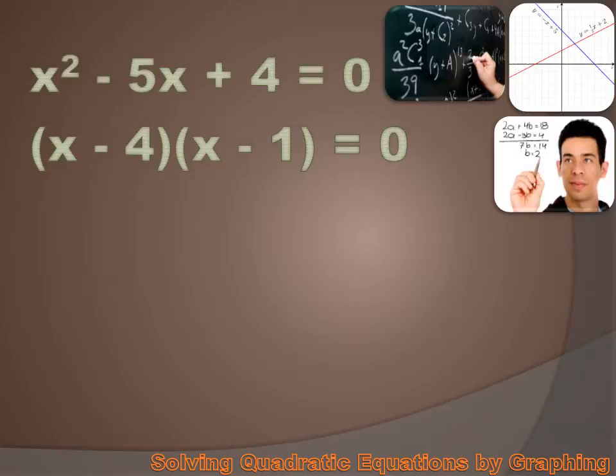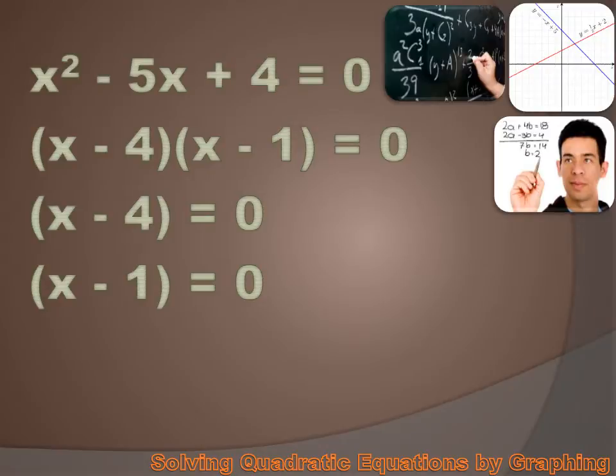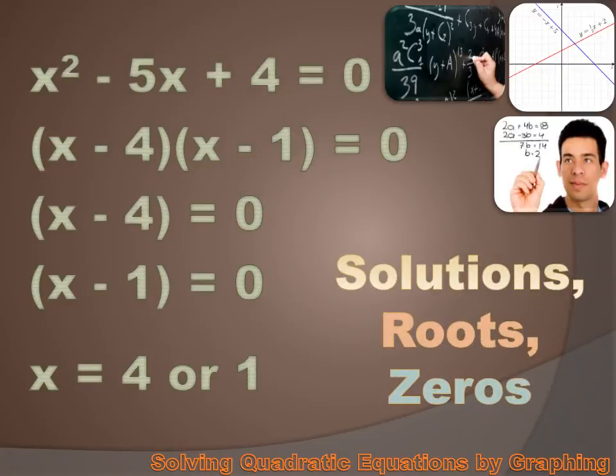And we'd remember the zero products property, which would tell us that either x minus 4 had to equal 0, or x minus 1 had to equal 0. So then we know two potential solutions. We know that either x equaled 4 or x equaled 1. And those would be our solutions, our roots, or our zeros.